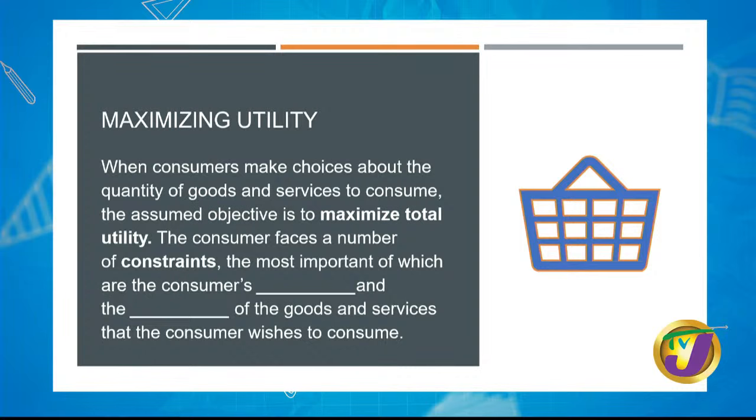And then you might think, okay, how much money do I have? So the first blank there says the most important of which are the consumer's income. That's the first space. And the price of the goods. So you are restricted in terms of how much you can do because you have a limited amount of money. You can't just spend an infinite sum of money. You are constrained by your income.